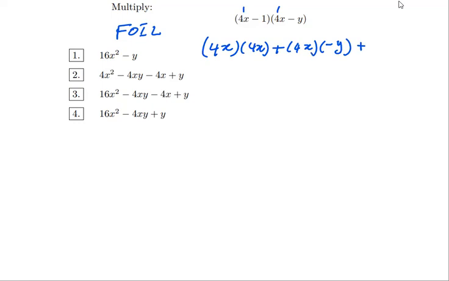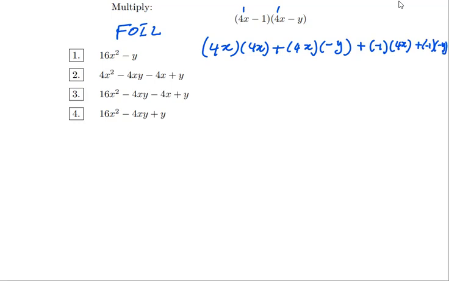So multiplying the inner terms of both polynomials: -1 for the first polynomial and 4x for the second polynomial, plus the L stands for last, so multiply the last terms of each polynomial. So -1 times -y. Okay, cool.